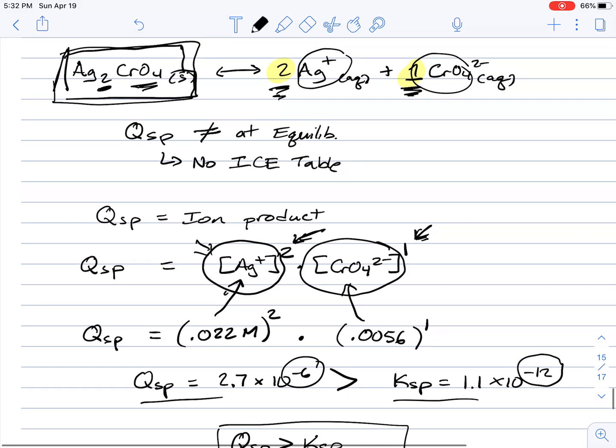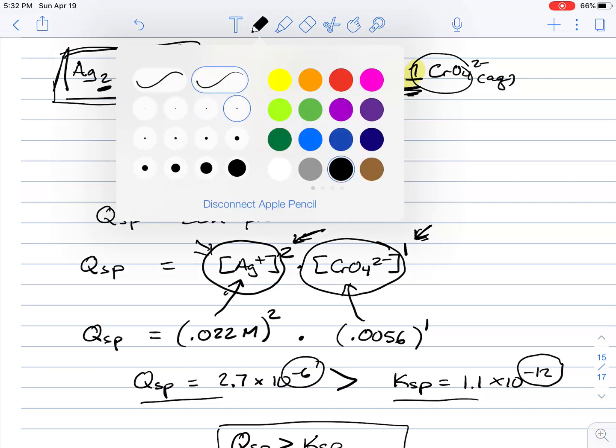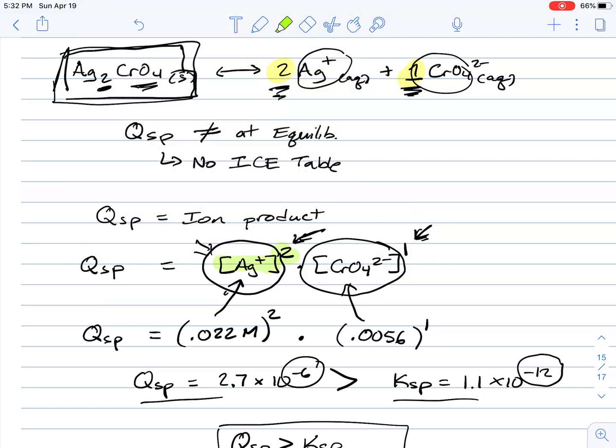So once you have your mass action expression for Qsp, then you need to determine the concentration of silver and the concentration of chromate in this scenario.